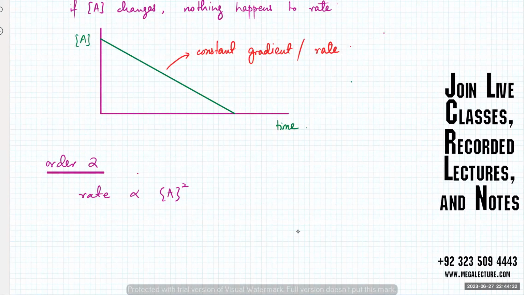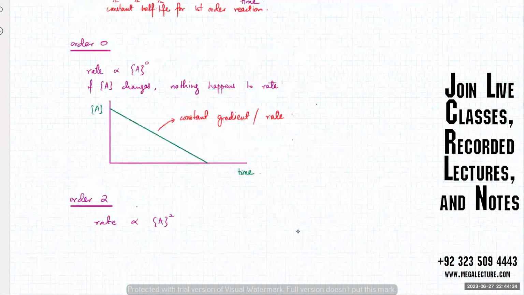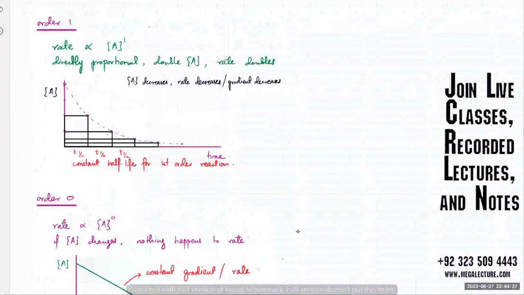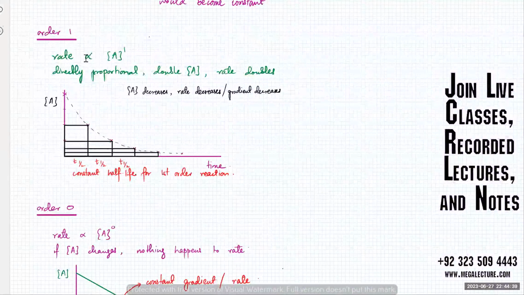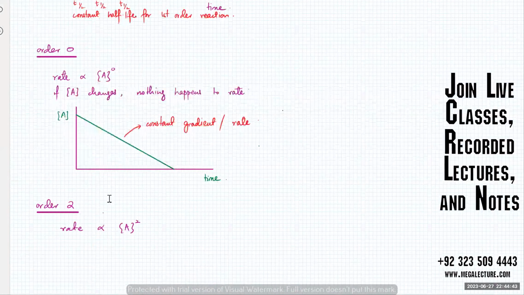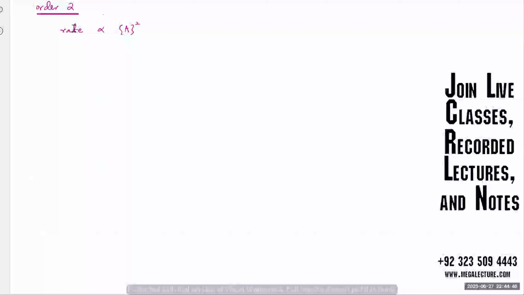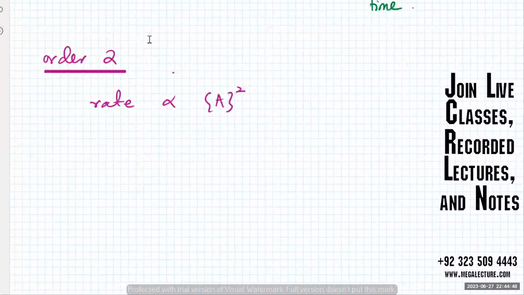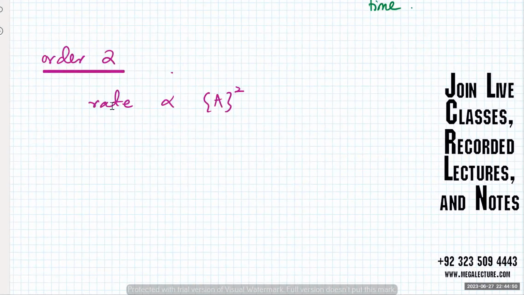So this one means that it's actually too dependent on the concentration of A. I mean, the first one was directly proportional. If you double this, you double this. Now if you double this, you quadruple this, right? So if you decrease the concentration by half, this will slow down by a much bigger extent. So this means that if you double A's concentration, it quadruples.